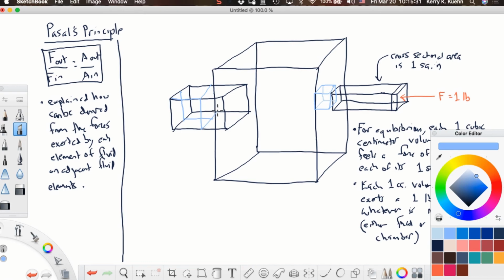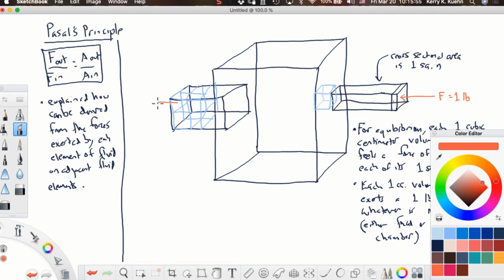So I'm going to try to draw 4 cubic centimeters of fluid over here. It's a little bit tricky to draw this.